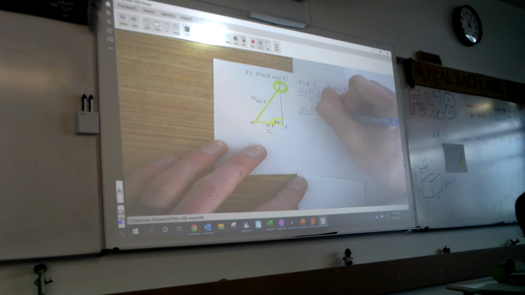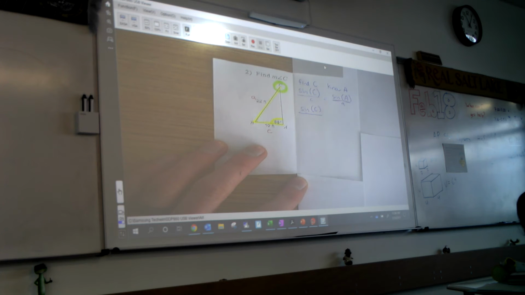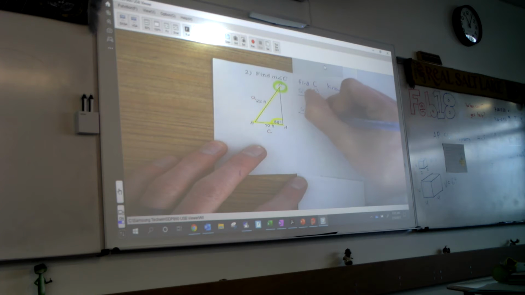Let's just plug in our numbers. Louise, help me out with that. What did we say side C was? 10 feet. 10 feet, great. What is angle A? 80. Great. And then what about side A? 22. Okay.